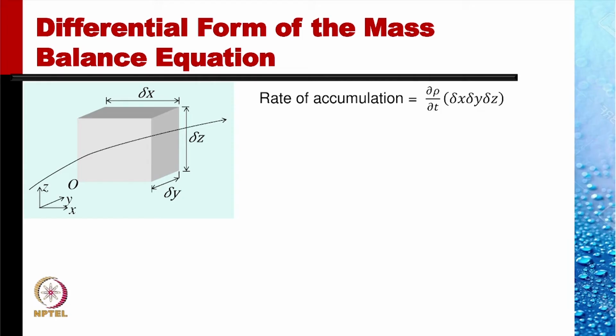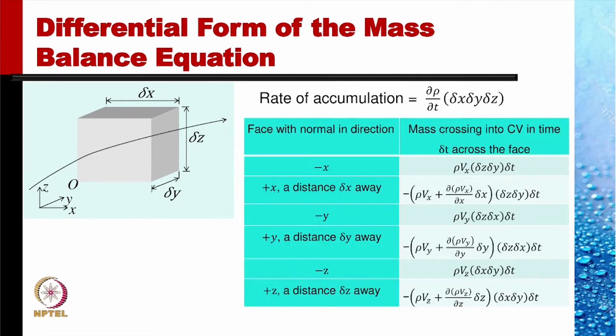Let's calculate the net influx. Let us consider the face with a normal in the minus x direction. The rate at which the mass is crossing this control surface in time delta t is the density rho Vx times the area, which is dz into dy, times delta t. Next, let us consider the opposite surface with the normal in the plus x direction, a distance delta x away.